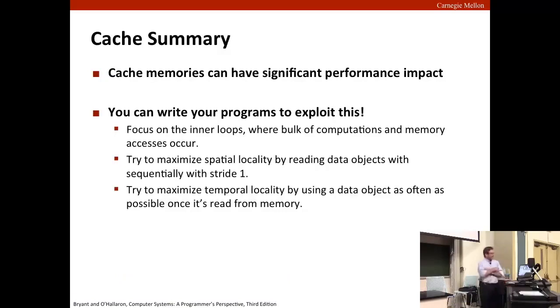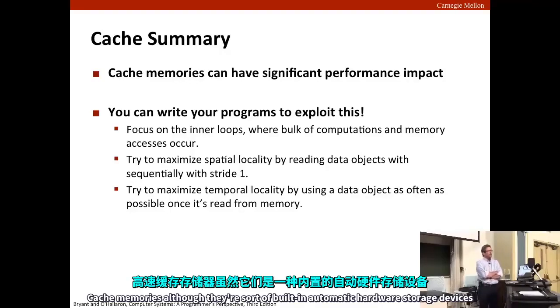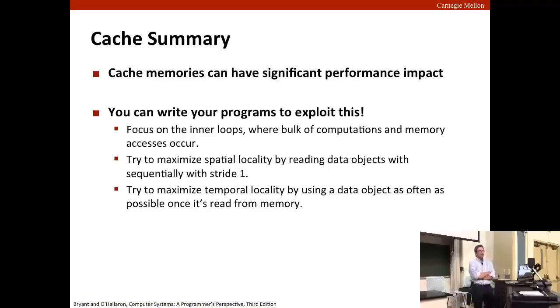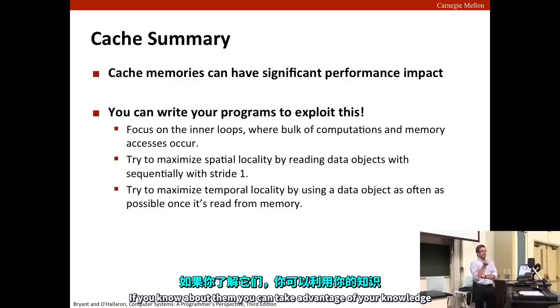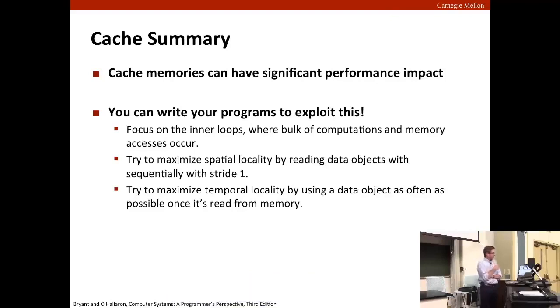All right. So the point that I wanted to make with you is that cache memories, although they're built-in automatic hardware storage devices, and you can't really control them, if you know about them, you can take advantage of your knowledge and exploit them and make your code run faster.